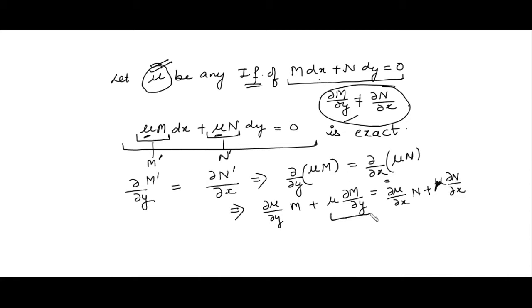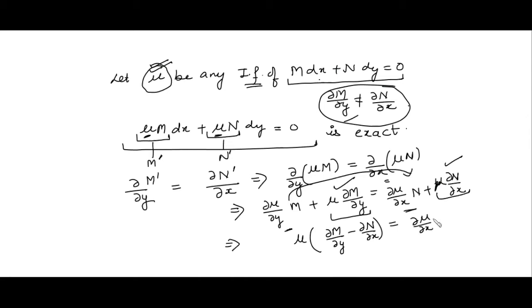Now we combine the mu terms and the other terms. Taking mu common, in the bracket you get ∂M/∂y minus ∂N/∂x, is equal to, taking this term to this side, ∂mu/∂x times N minus ∂mu/∂y times M. So we get this equation.